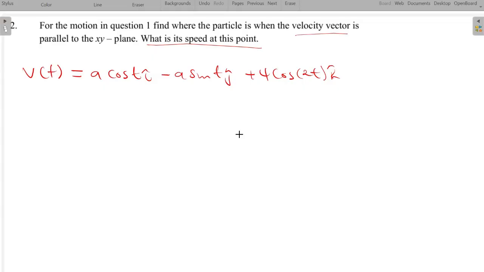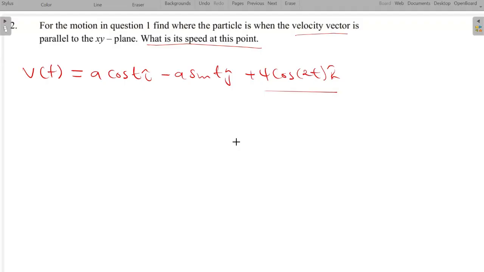This vector is going to be parallel to the xy plane if the k component is 0, meaning it only deals with the xy plane and has no shift in space. So we equate this k part to 0.